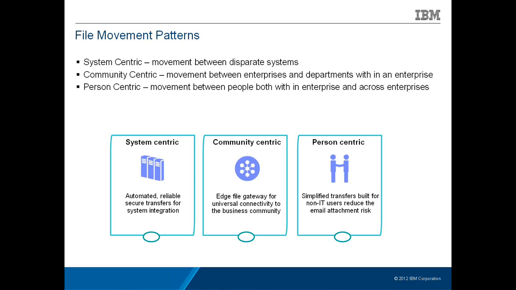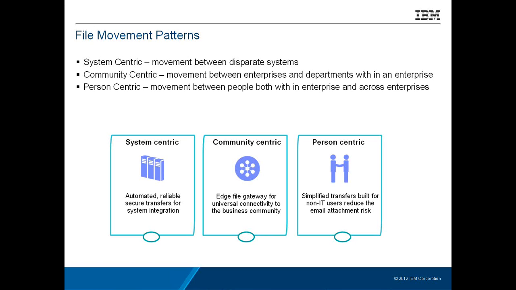And the third type of movement pattern which we have seen is person to person. It's completely ad hoc. They would want to exchange data and files with any person, without having a community, without having any system that needs a partner to be enrolled and a customer to be onboarded and things like that.